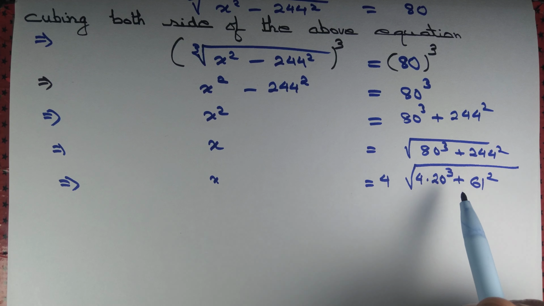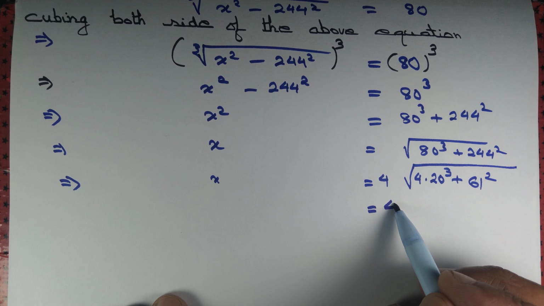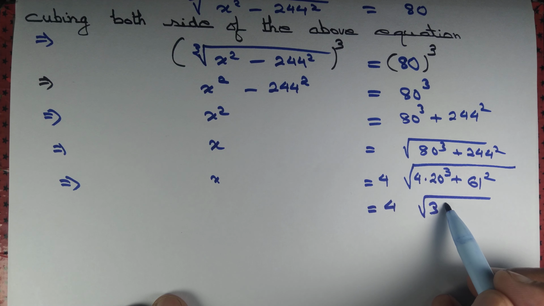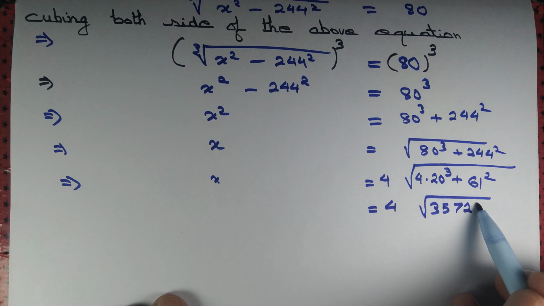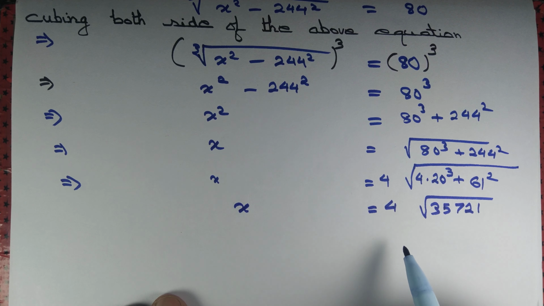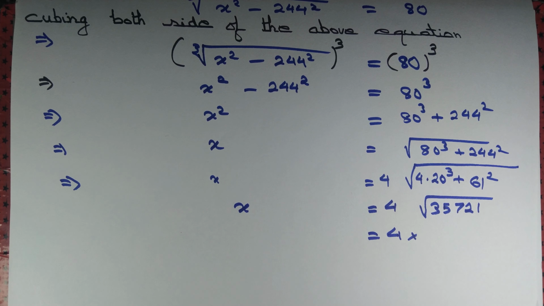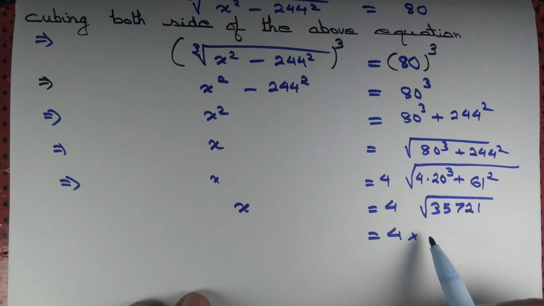We can simply multiply this expression and we'll get square root of 35721, and the square root of 35721 is simply equal to 189.